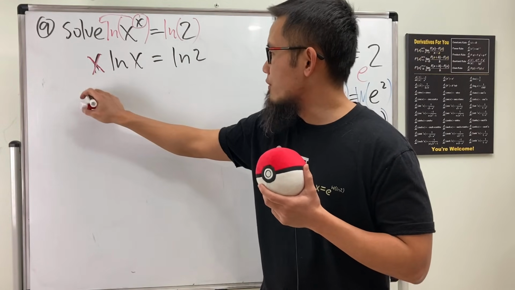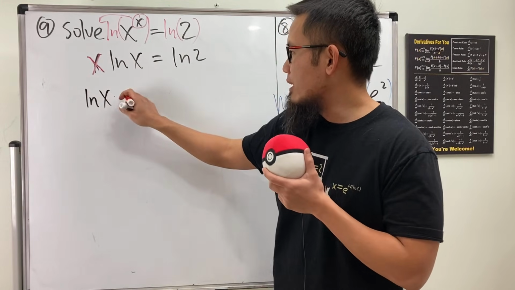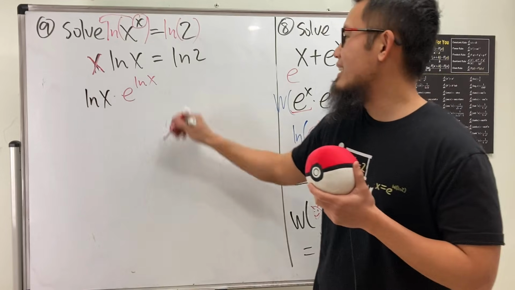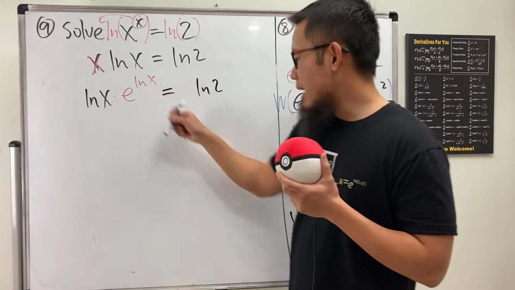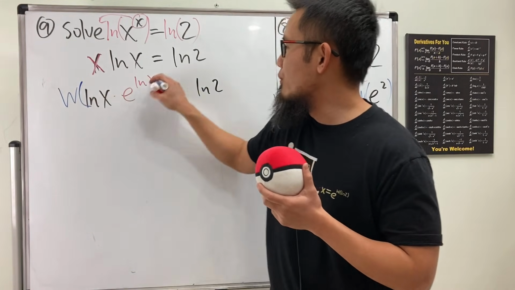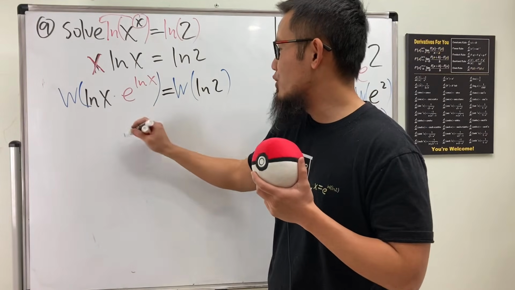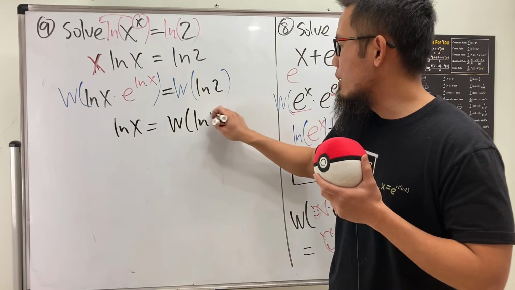I'm going to put this down right here first. But this x in red, we are going to write it as e to the ln x power. Aha! And this is equal to ln 2. This and that match. So it's time for us to take the Lambert W function on both sides. And we will get just ln x right here. And that's equal to W of ln 2.